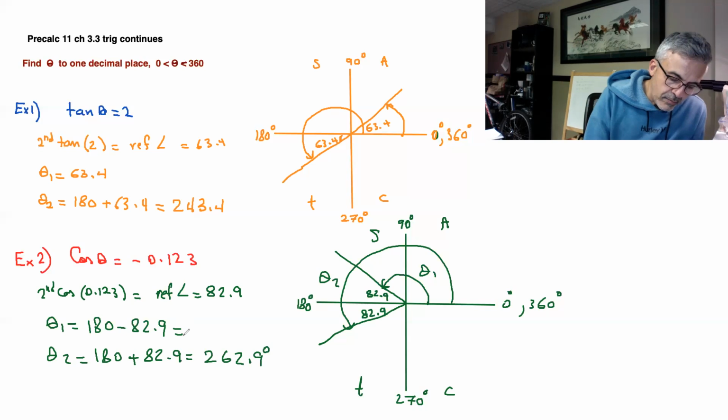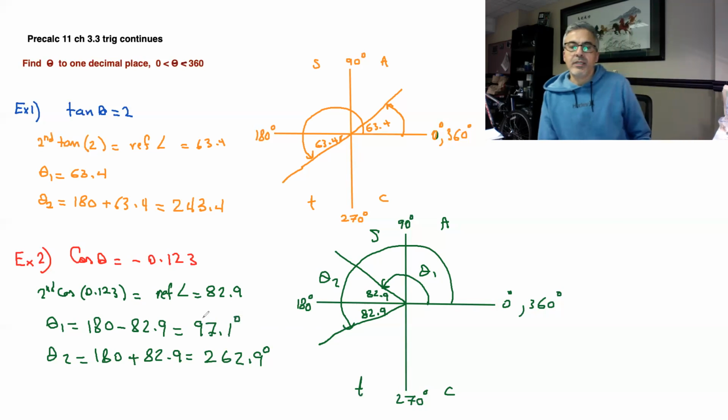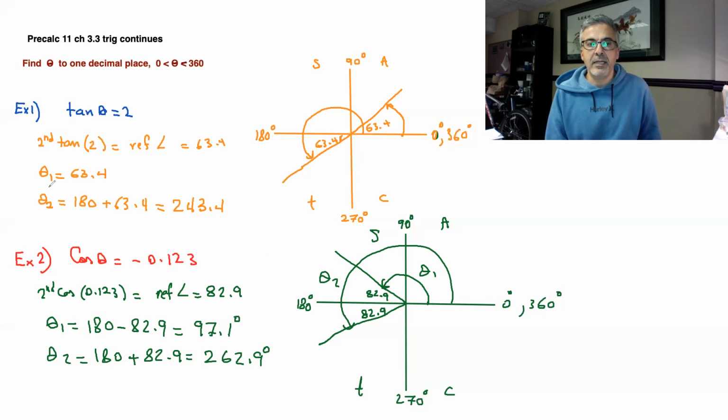And 180 minus 82.9 will give you 97.1 degrees. So this is another part of this section where you have to find the angle, and it's not from special angle triangles, just basically going back and using your calculator.